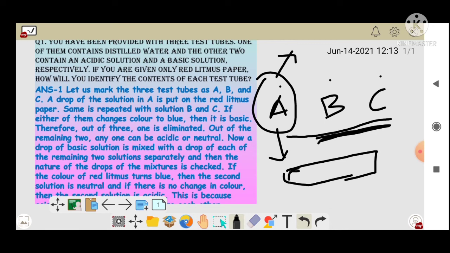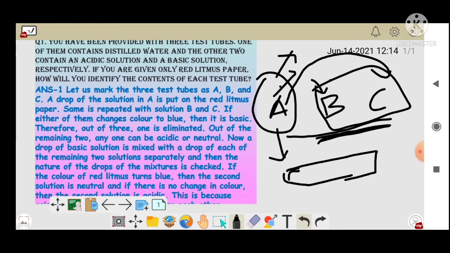Now from the basic test tube A, one drop of solution is put into B and another one drop of solution is put into C. Then one drop of solution from B is put on the red litmus paper and one drop of solution from C is put on the red litmus paper.